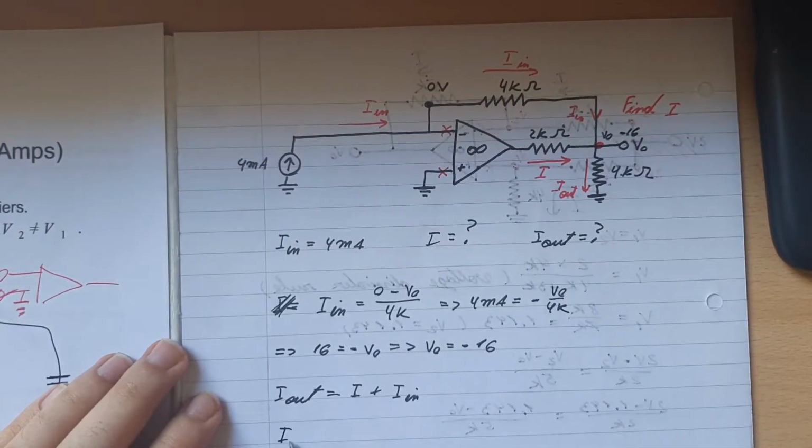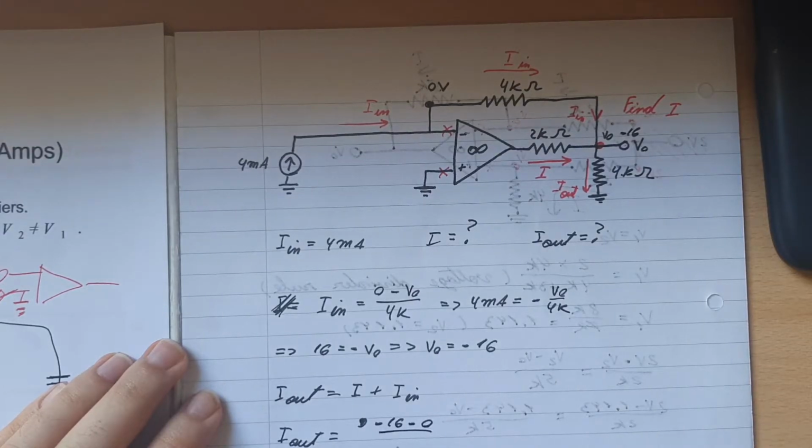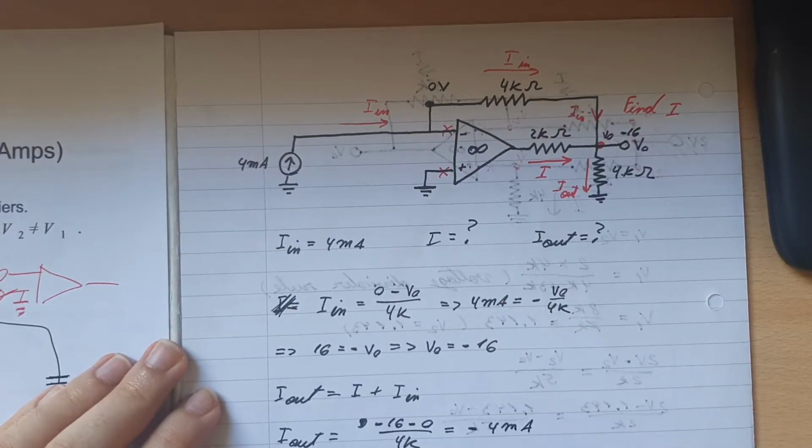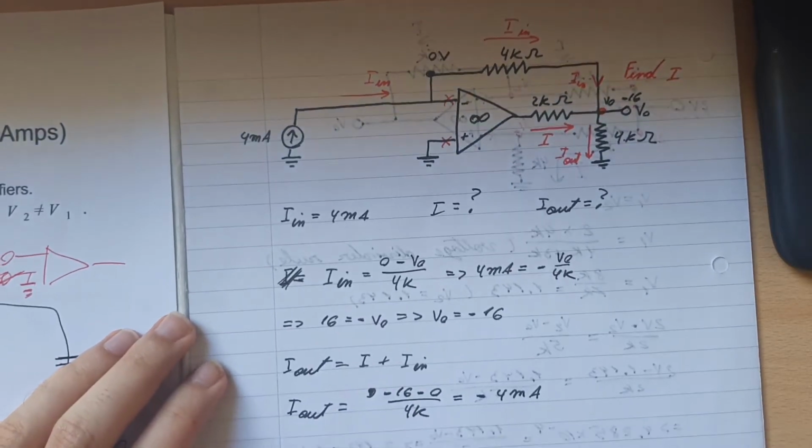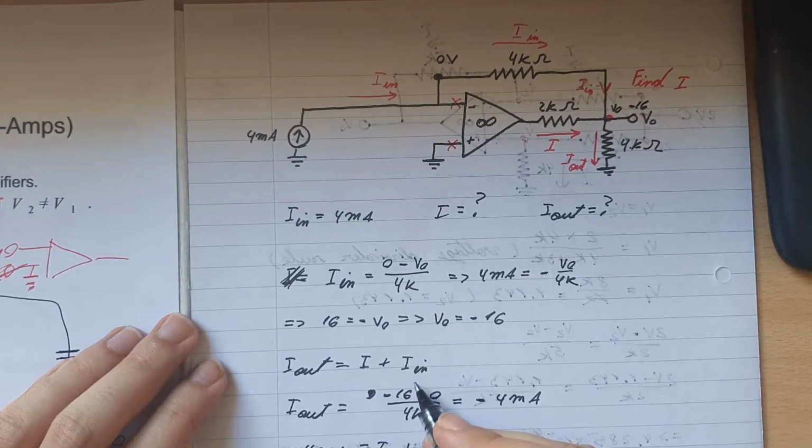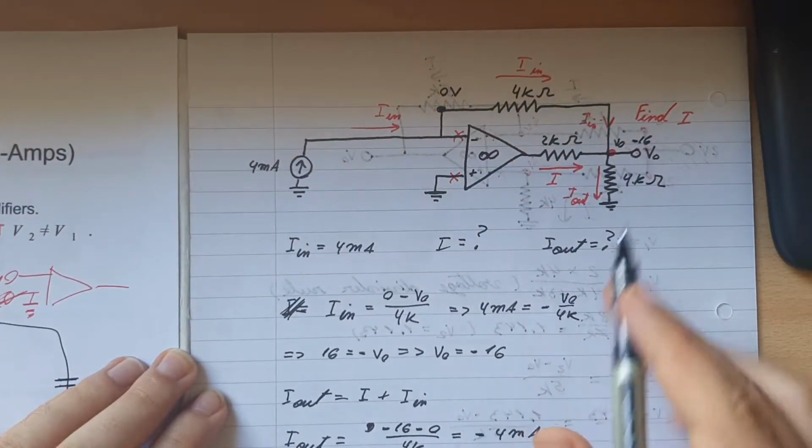So I out will be equal with minus 16 minus 0 over 4k, and that will be equal with minus 4 milliamps. Alright, so that'll be I out.